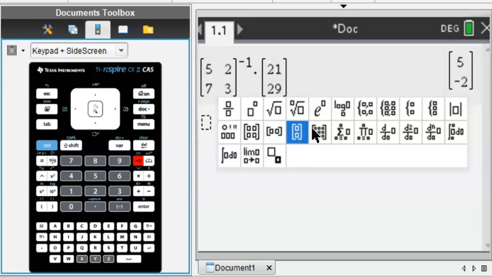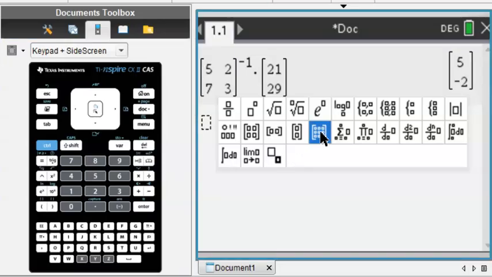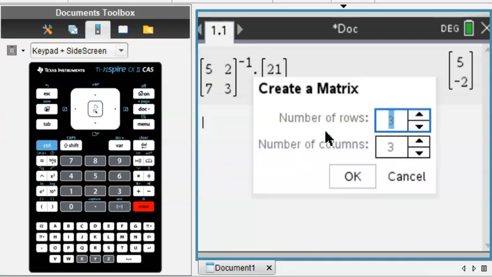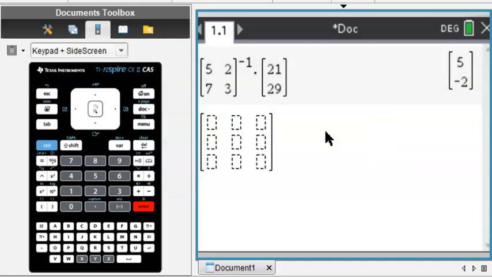So again, going into our template, but this time I need to pick up the one that allows me to create any size. Okay, so a 3 by 3 is the default, so that's good. We put in that matrix of pronumerals, so 2, 0, 1, 1, negative 2, 0, and 0, 1, negative 1.